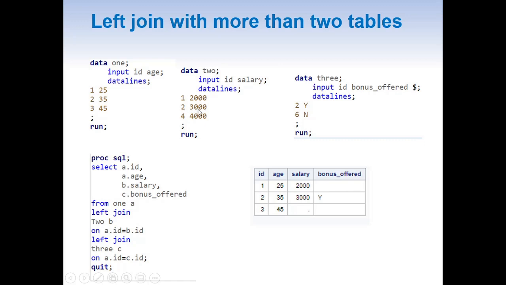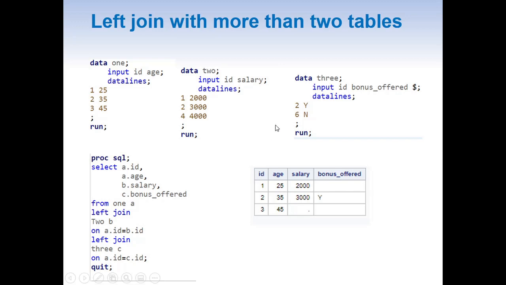This is what we get in the result first. That is, we get this piece of results first, and then we are again doing left join with the third table on a.id equal to c.id.